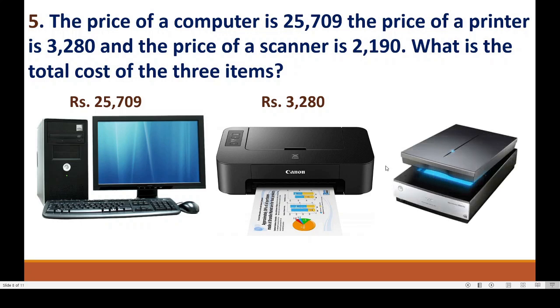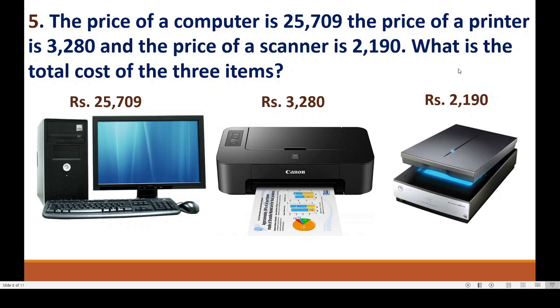Now what is the cost of this scanner? 2,190. Okay. We scan by this machine. So this is called scanner, and we take out prints from this machine. So it is called printer. I think you know all these machines. This is computer, printer and scanner.